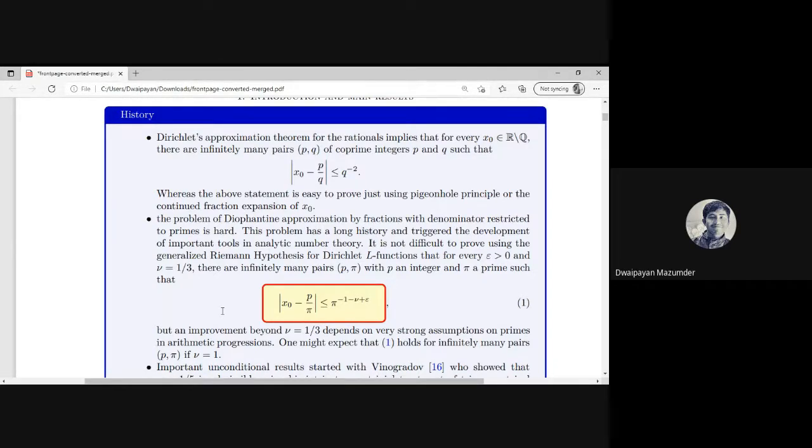I don't know any very satisfactory answer, maybe, but the prime case is really interesting, because primes are a really discrete set. It is more discrete than the natural numbers.